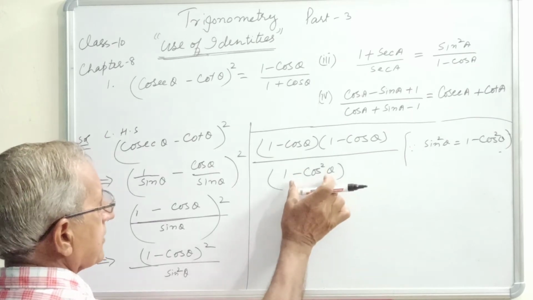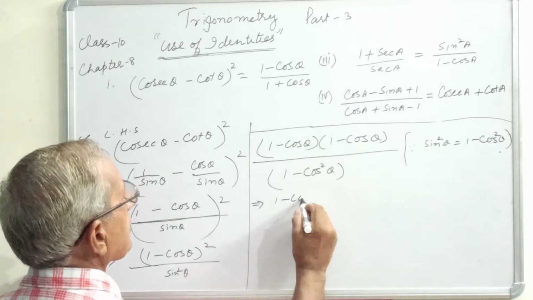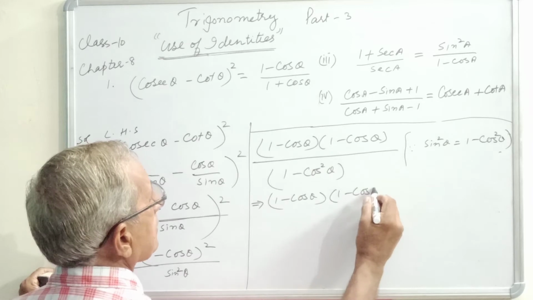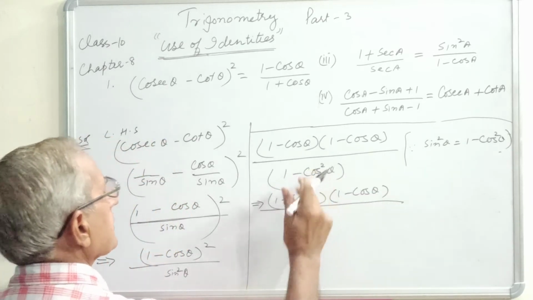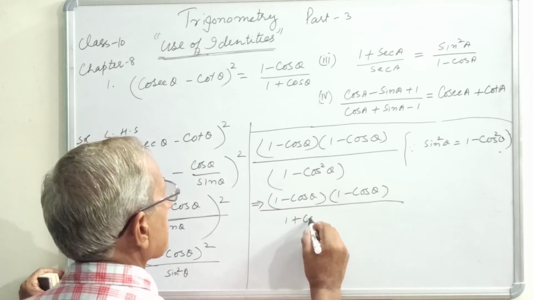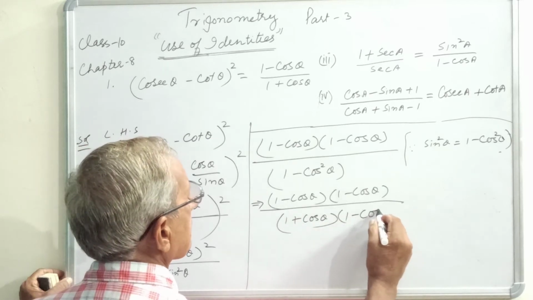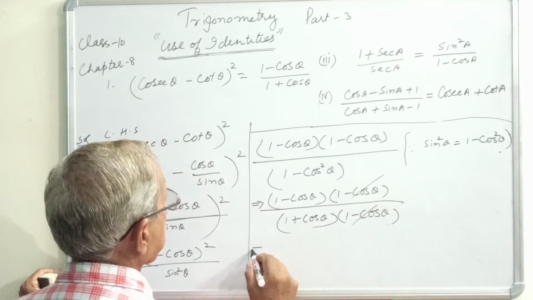So making the factors for this, (1 minus cos theta) into (1 minus cos theta). So this is the numerator, and the factors of this will be, one factor with a plus sign, so (1 plus cos theta), and the other will be (1 minus cos theta). So cancel this part.